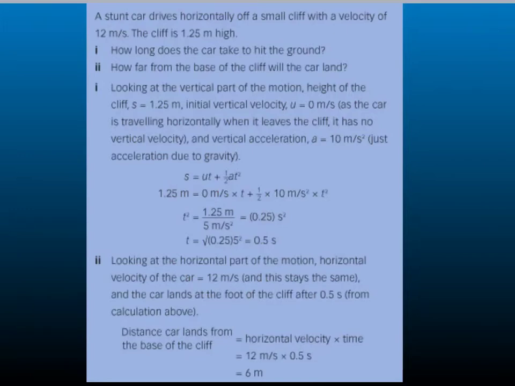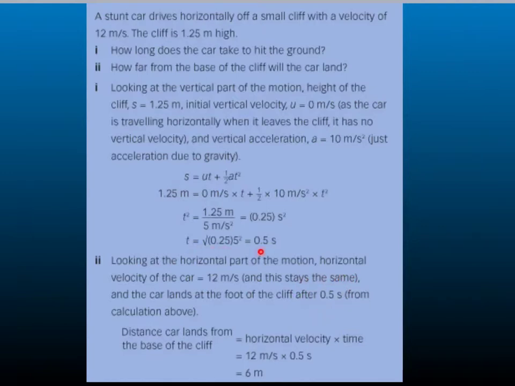In order to work out the range of the car, or how far from the base of the cliff the car will land, we need to look at the horizontal part of motion. Now we were told that the car leaves the cliff with a velocity of 12 metres per second. This is the horizontal velocity. It stays the same, remember? Horizontal velocity does not change. And we also know that the car lands 0.5 seconds after it left the cliff.